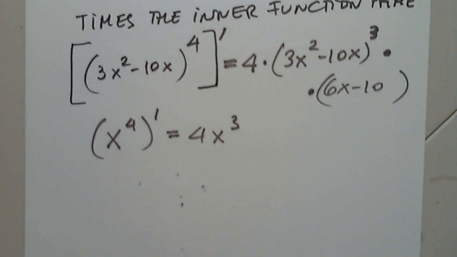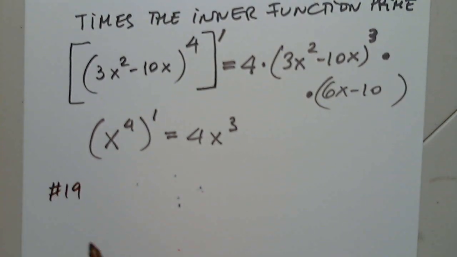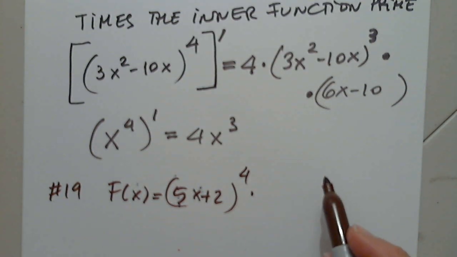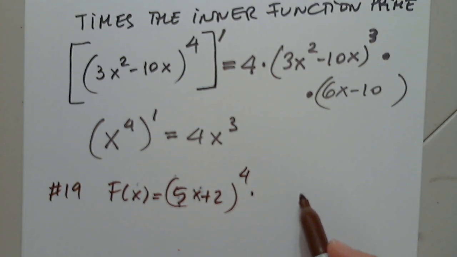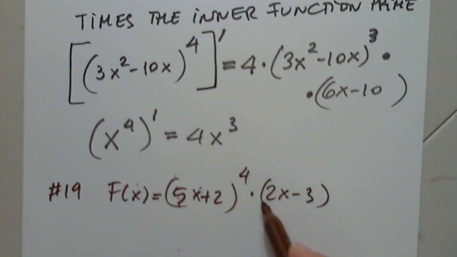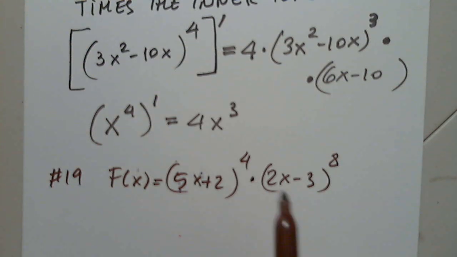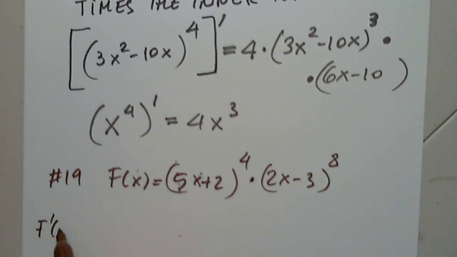Okay, I would like to choose 19. If you don't want to choose. So f of x equals 5x plus 2 to the fourth power times 2x minus 3 to the eighth power. Not a piece of cake, not at all. Requires a lot of care here. F prime of x.